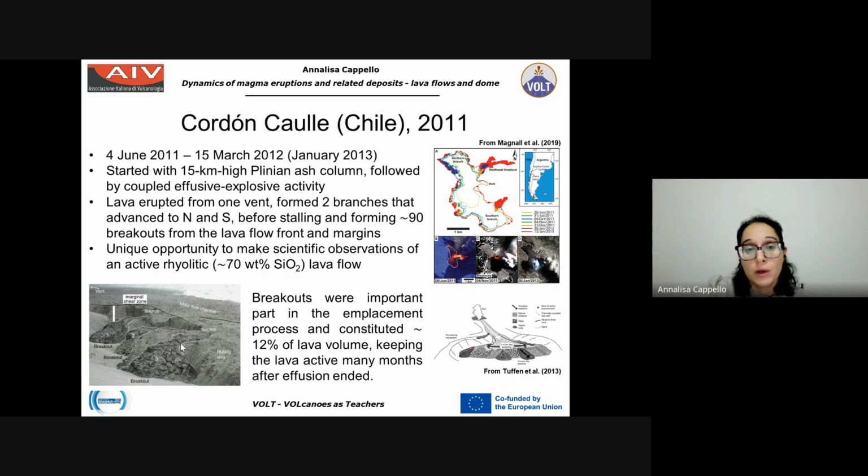The ash column was very important. Indeed, in 2 weeks it completed its first circle of all the Earth. So it was a very huge emission of ash, an important eruption, both from the effusive and the explosive activity.